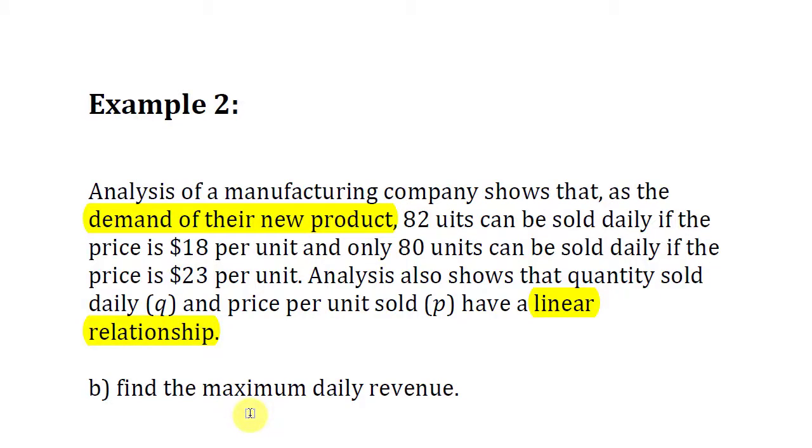All right, so here we go. This is question part B of the same exact example. All that highlighted area is still here, but that's just the information of the problem. But now the actual question is to find the maximum daily revenue.